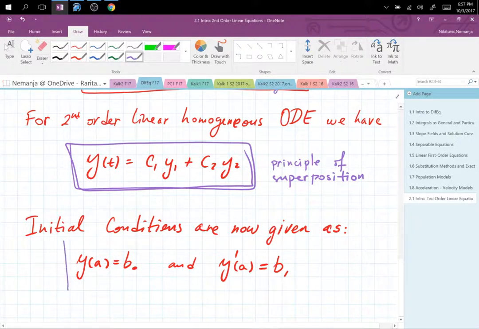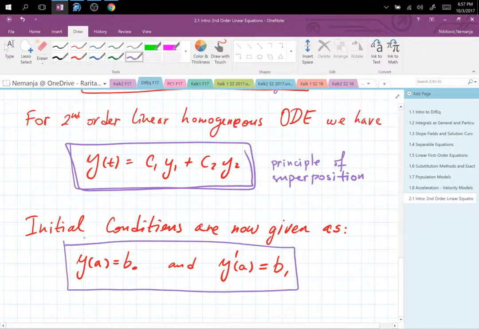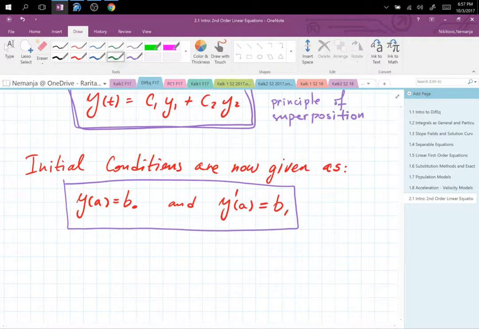So our initial conditions, one is on the function, one is on the derivative. Remember, now to check something, you have to find the first and second derivative and plug everything in.